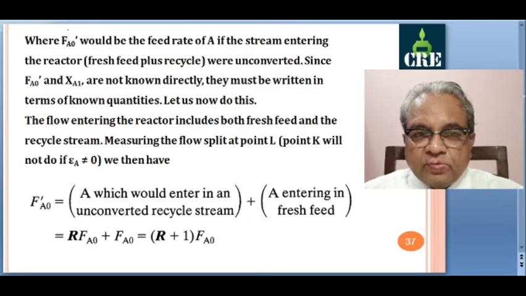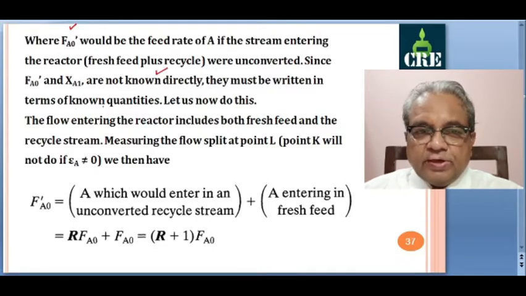FA0 prime, this is very important, would be the feed rate of A if the stream entering the reactor, fresh feed plus recycle, were unconverted. So this is entering the reactor. Since FA0 prime and XA1 are not known, they are unknown quantities for us.